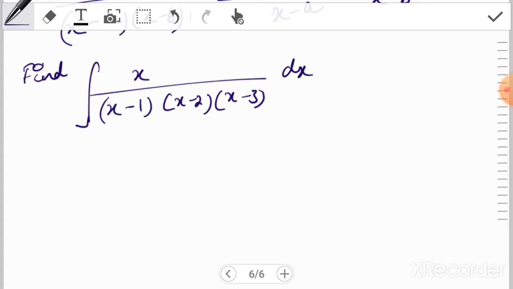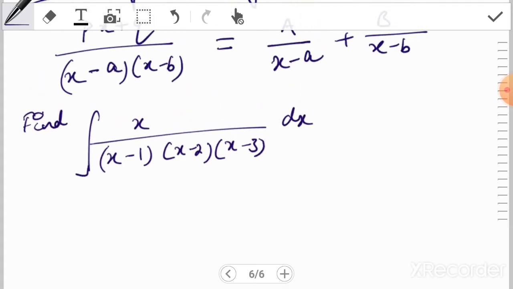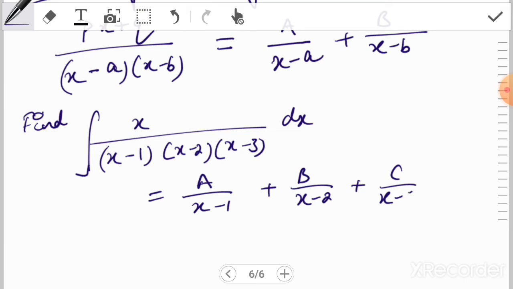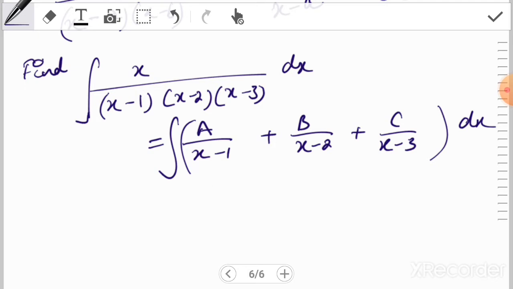So let us decompose this into a sum of proper fractions: A by (x minus 1) plus B by (x minus 2) plus C by (x minus 3). Let's say this is equal to this.